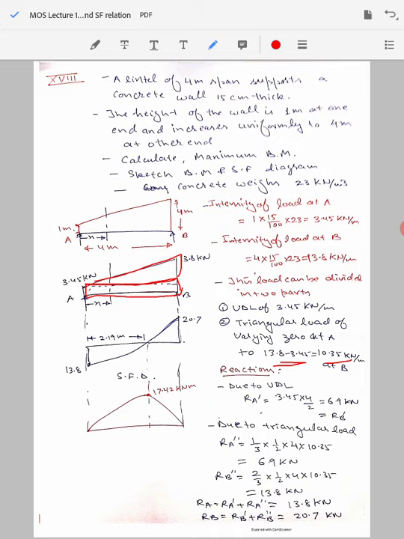So the total uniformly varying load we have divided into two parts. One is the uniformly distributed load, another is the triangular load, which is 0 at one end to 10.35 kilonewton per meter at the other end.